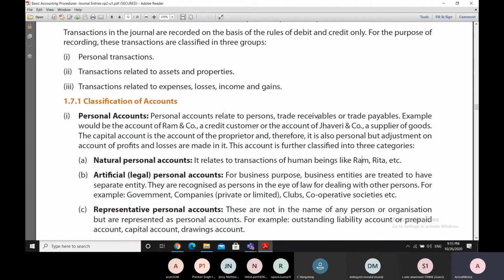They are recognized as persons in the eye of law, not in the eyes of people. Those artificial persons are persons in the eye of law for dealing with other persons, whether they be natural or unnatural. For example, governments, companies, whether they are private companies or limited companies, the clubs, the cooperative societies, all these are artificial legal persons.